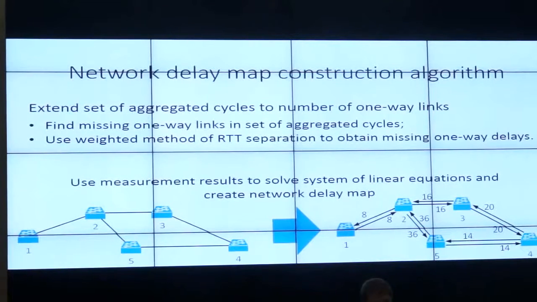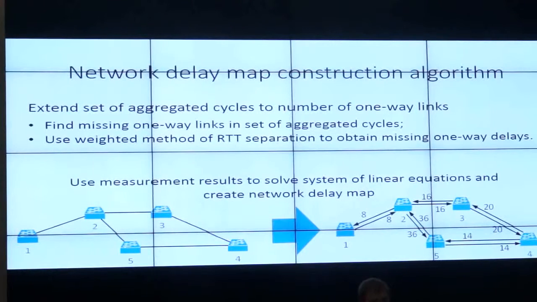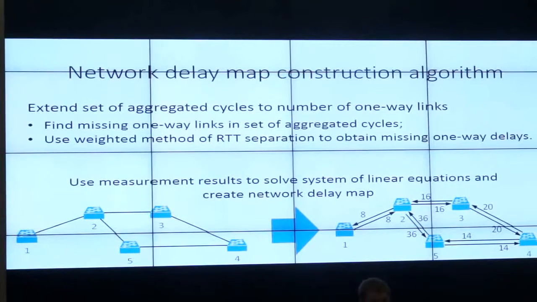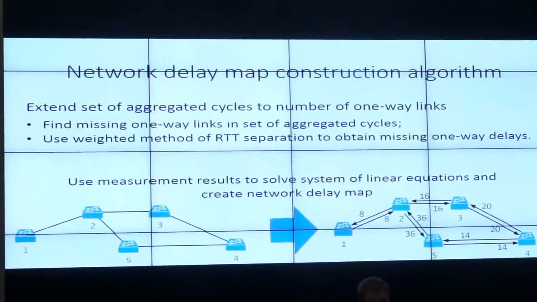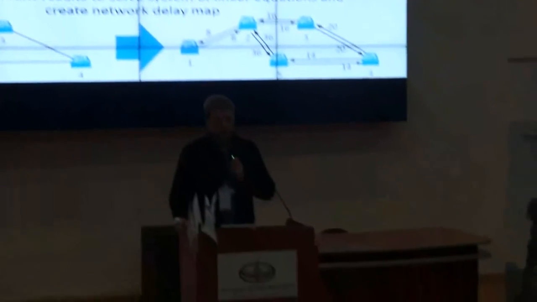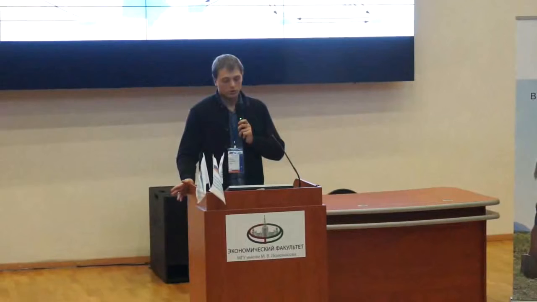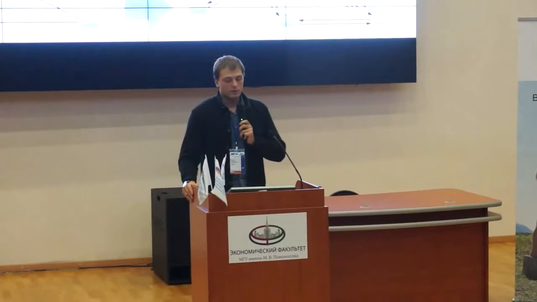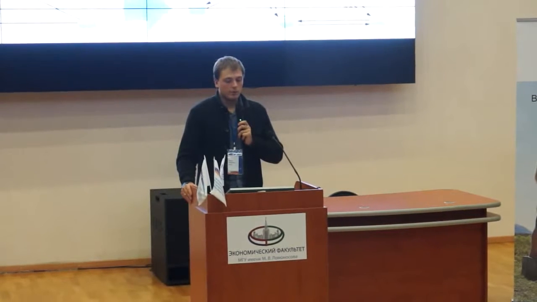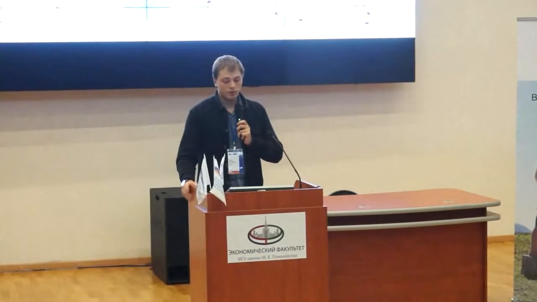The resulting set will be independent, and the measurement results for these links we can obtain from the weighted method of property separation. Then we can construct the system of linear equations, and the solution of this system will be the network delay map. So we just solve some equations with the measurement results and can find the delay for each one-hop delay.